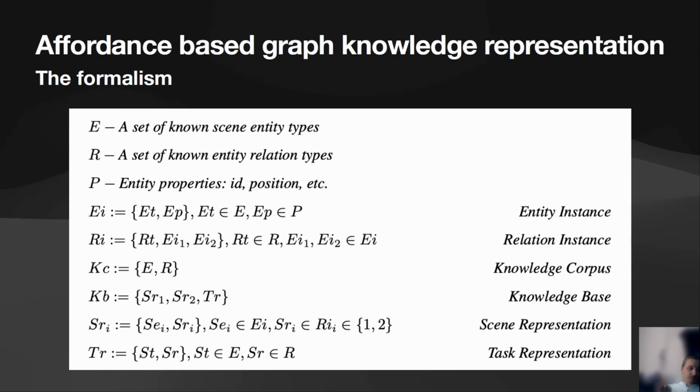An entity would be a center of mass, a surface, or some edge. Then we have a set of known entity relation types. For instance, the system can detect relations of something being parallel to something else, or something touching something else.